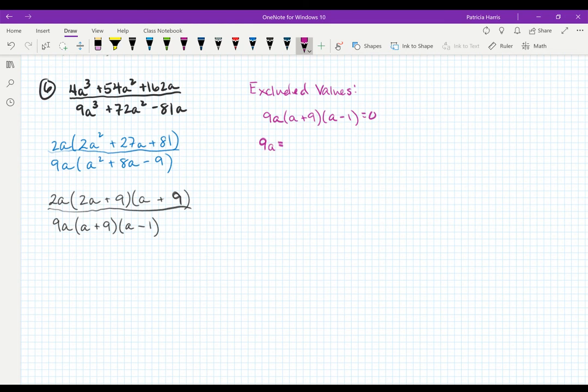So 9a equals 0, a plus 9 equals 0, a minus 1 equals 0. So a equals 0, a equals -9, a equals positive 1. So I actually have 3 excluded values this time. A cannot equal 0, -9, 1.